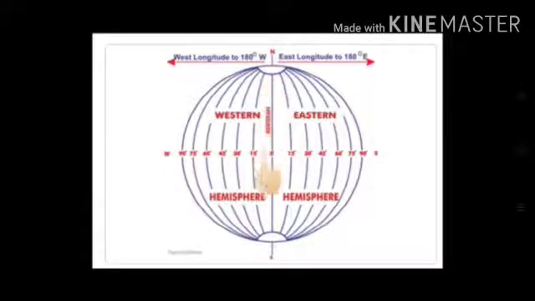This middle line is called prime meridian. East side it is eastern hemisphere. West side it is western hemisphere. It is measured from 0 degree to 180 and they are marked with letter W in western hemisphere and letter E in eastern hemisphere.